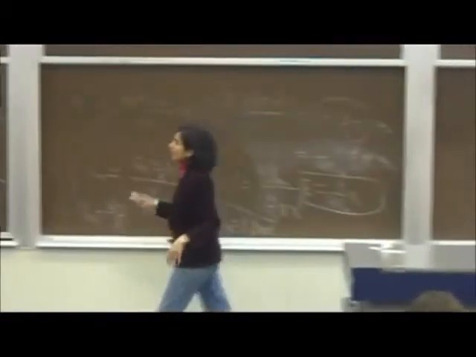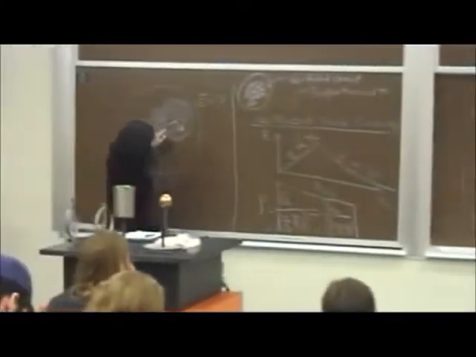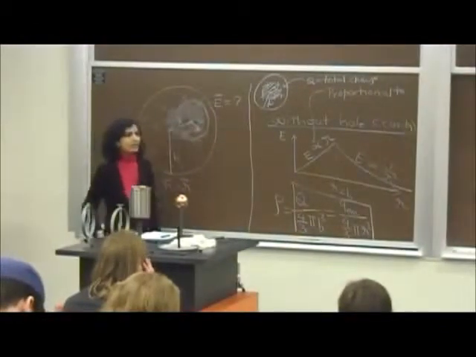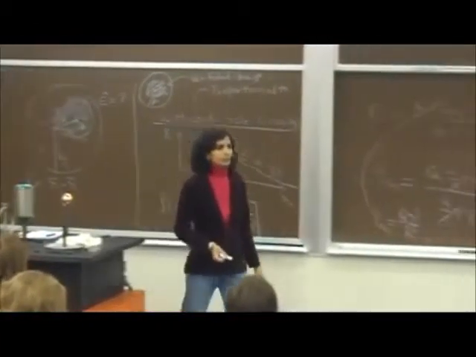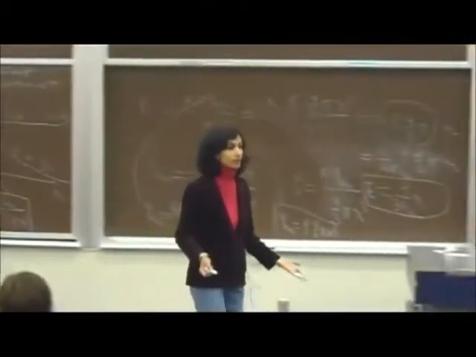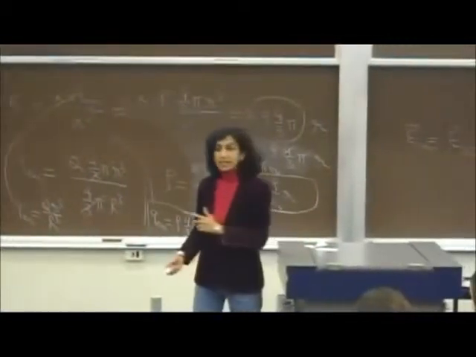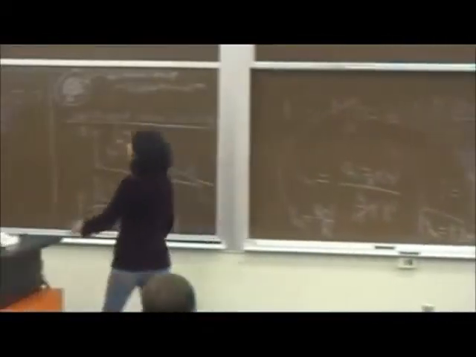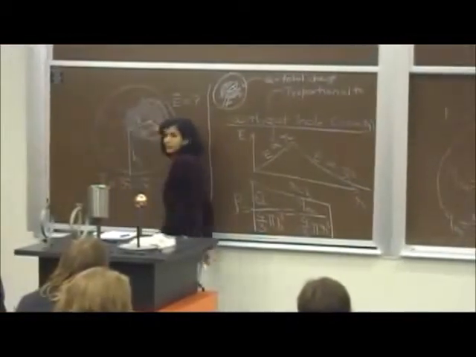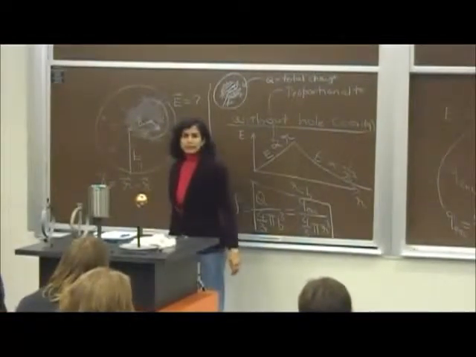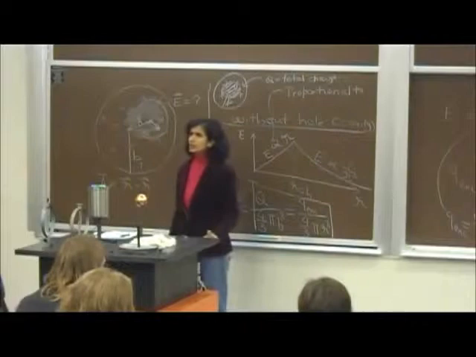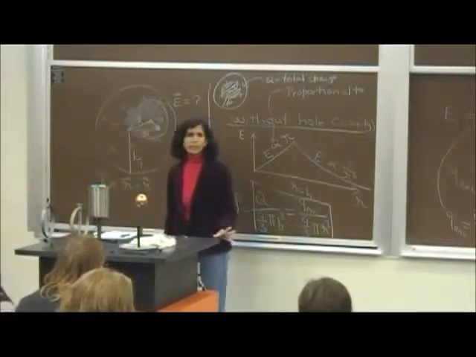Whether you ask me the electric field here or here or here, anywhere in the cavity, it's the same. That's a very interesting result. What is this electric field due to? This electric field is due to all of this charge here. Any questions, folks? Anybody?